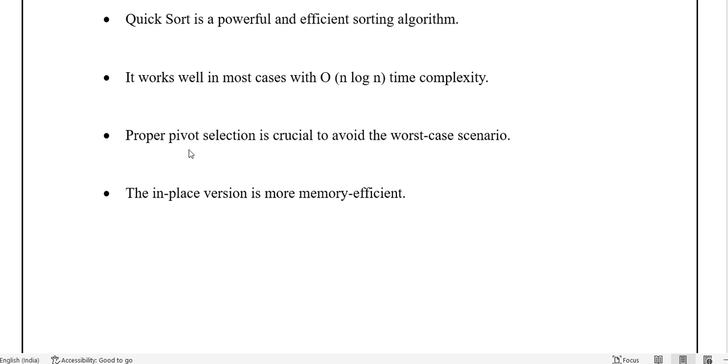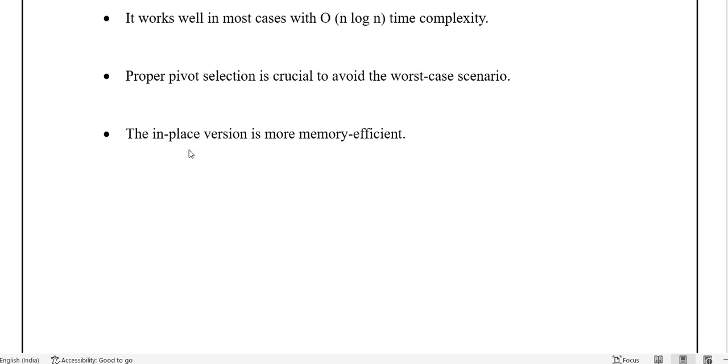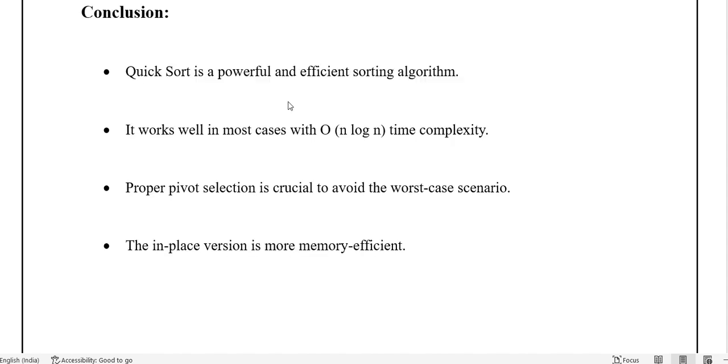That is the very important thing in quicksort: the selection of the pivot. Finally, all the elements are sorted in place, which is memory efficient. This is an efficient algorithm. That is all about quicksort.